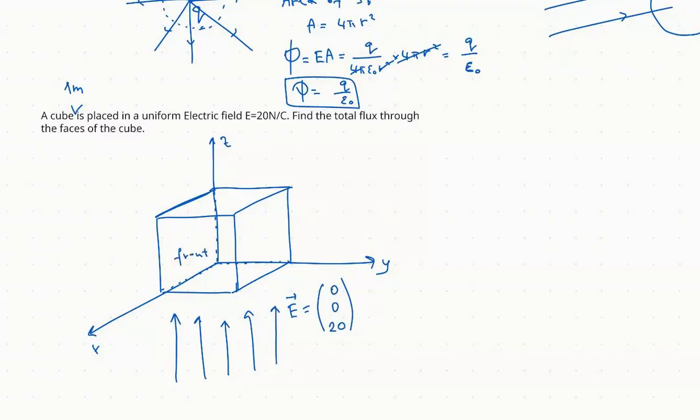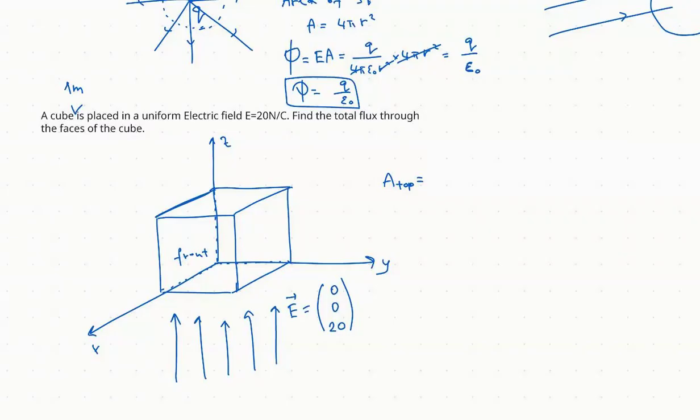Okay, area of the top. Now, any flat surface has 2 normal vectors. One vector going outwards from inside the box, and one going inside the box.